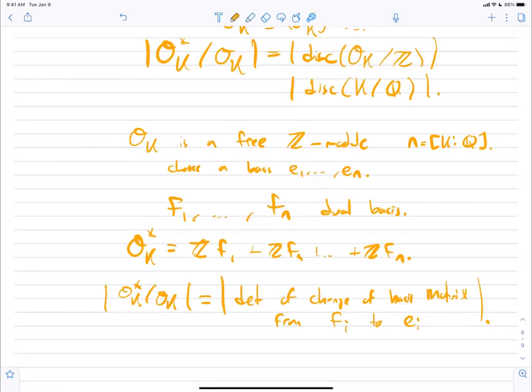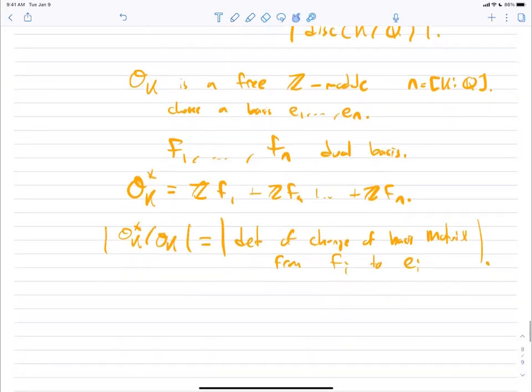The number you get, this thing inside of here, is called the discriminant. We know its absolute value, but in fact its sign also doesn't change. If I change my basis E1 through En, that also changes the dual basis, and those two changes cancel out the sign change that you would have.